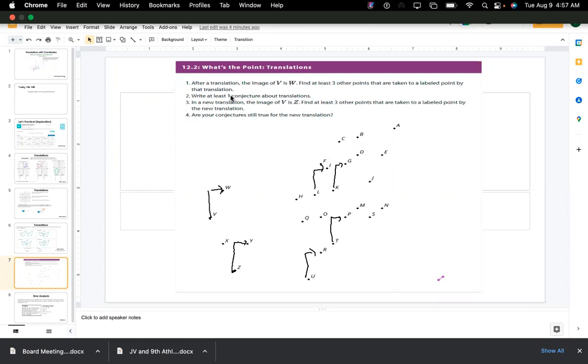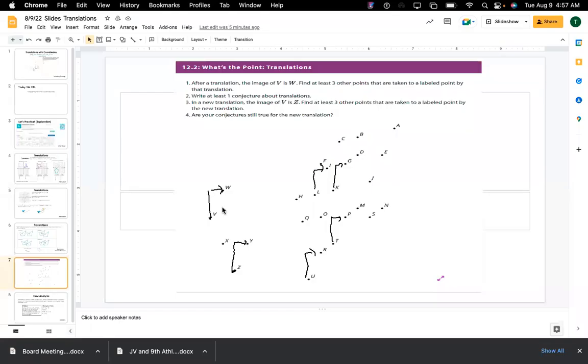We're going to write at least one conjecture about the translations. So what that means is actually writing this out in that x plus something notation.